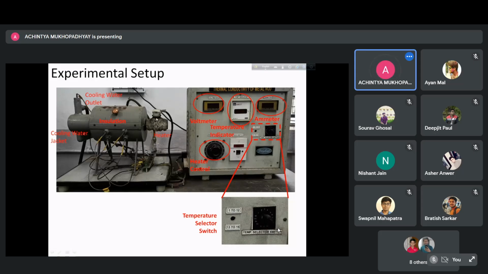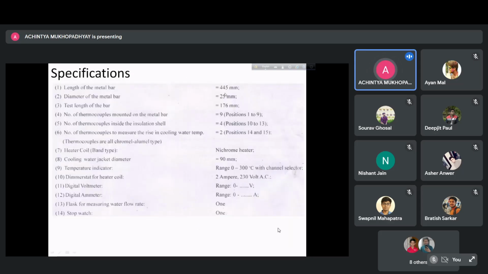The remaining part of it is inside the heater, and part of it is inside the cooling water jacket. Okay, and the diameter of the rod is 25 millimeter. As I said, there are 15 positions of thermocouples, 9 on the metal bar, 2 in the insulation shell, and 2 to measure the rise in cooling water temperature, and they are all of chromel alumel type.